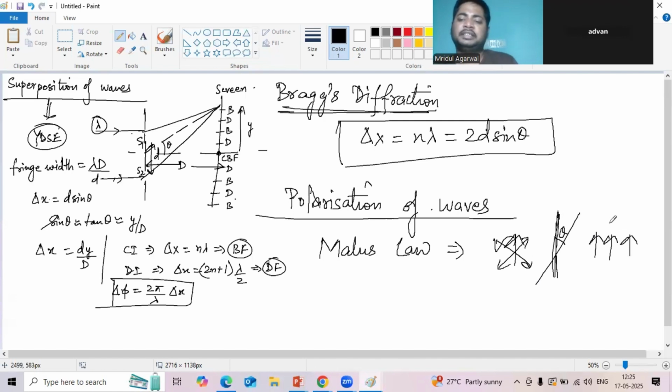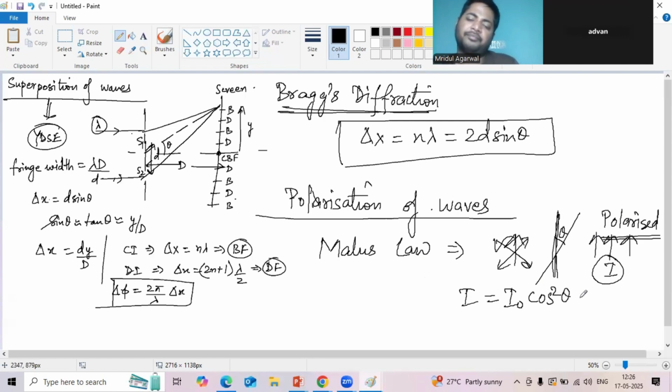Whatever the intensity of the polarized light would be, that would be given by the Malus law. And what does the Malus law say? Malus law says that you have got I, the intensity of the polarized light, equals I naught cos square theta. So basically this is your Malus law.